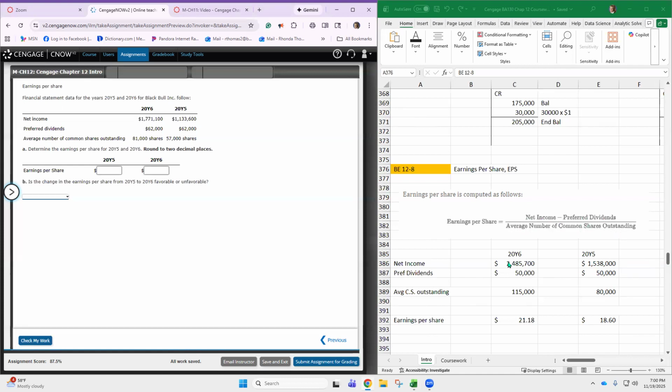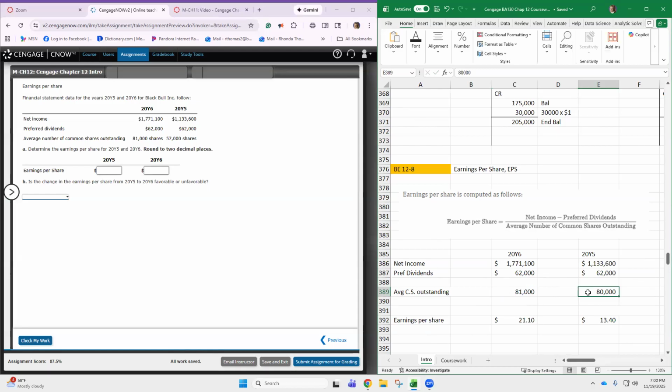All right, we've got year 5, year 6. Let's put in our net income for both. 1,133,600 is year 5. 1,771,100 is net income. The preferred dividends are the same. Okay. The average outstanding shares, they're giving those to us, 81,000 for year 6.